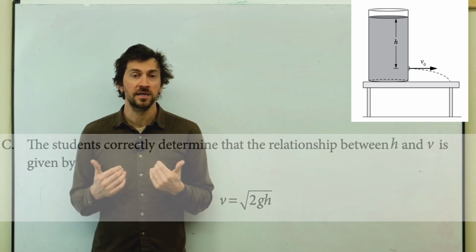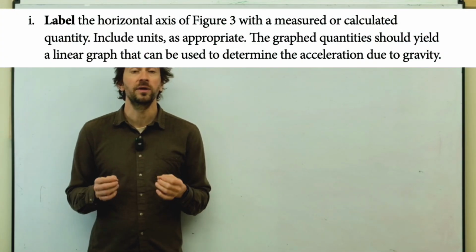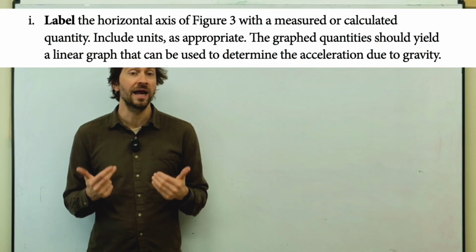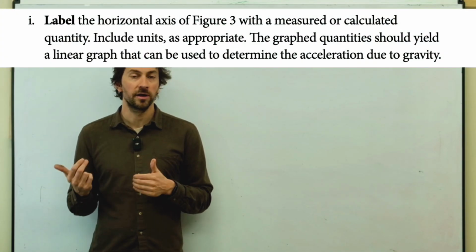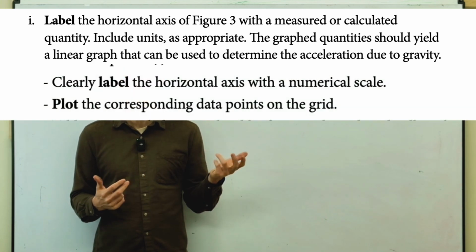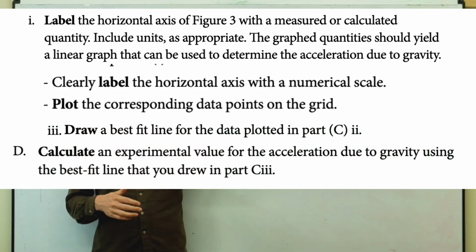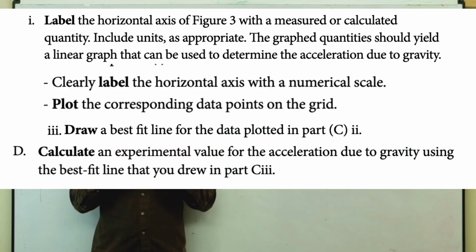So the question says we need to do a few things with this data. Firstly, we need to label the right axes on the graph, and then we need to take the data and plot the points. And after that, we're going to have to draw a line of best fit, and then use the line of best fit to calculate g, the gravity.